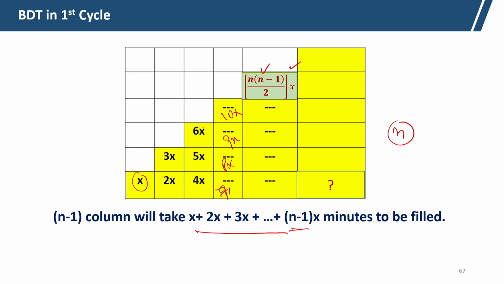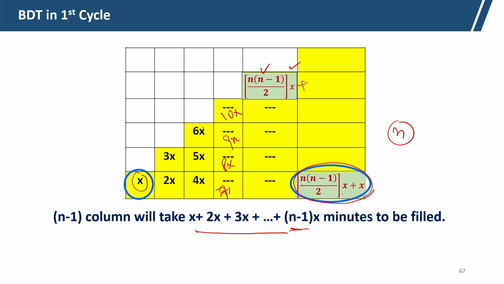And next will be this plus x. So, n into n minus 1 by 2 into x plus x, this is the nth column. So, this is the n minus 1th column, then the next column is this one.